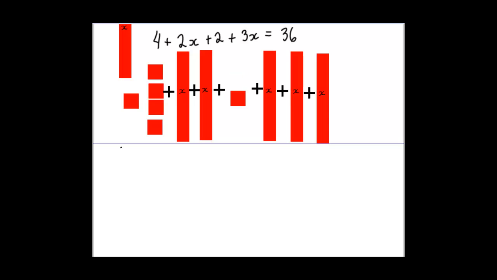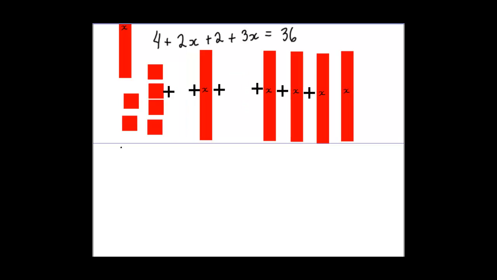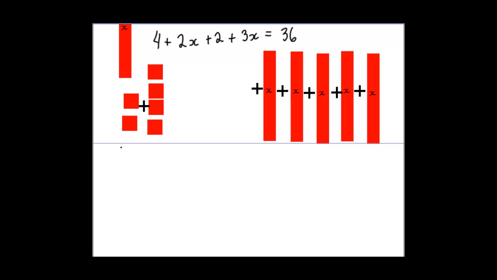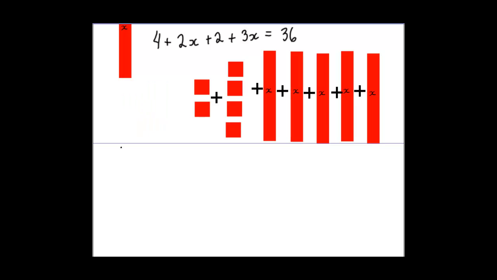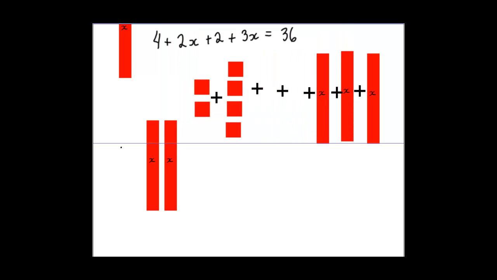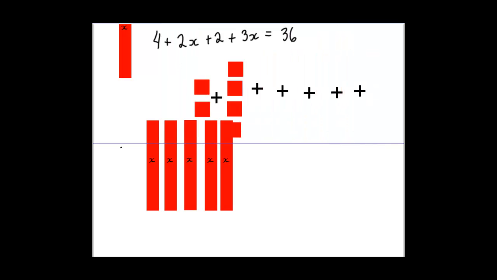I put all of the square boxes together, I put all of the x's together, and I end up with 2 plus 4 plus x plus x plus x plus x plus x. I can move these over to put them together, and then I look at my like terms, and I end up with this.